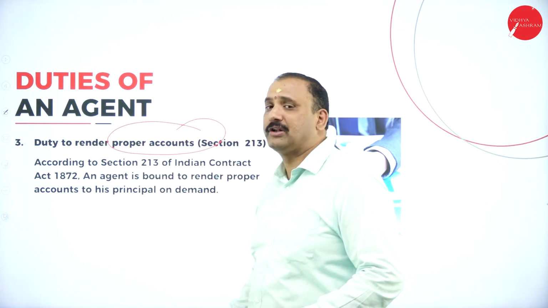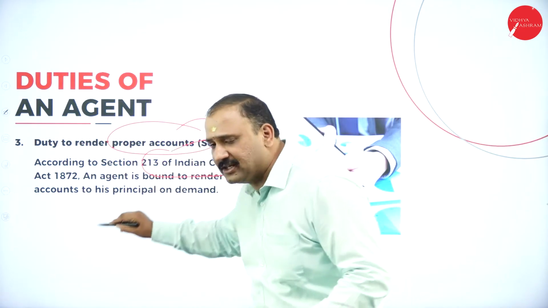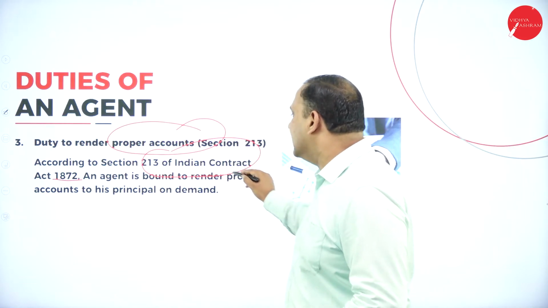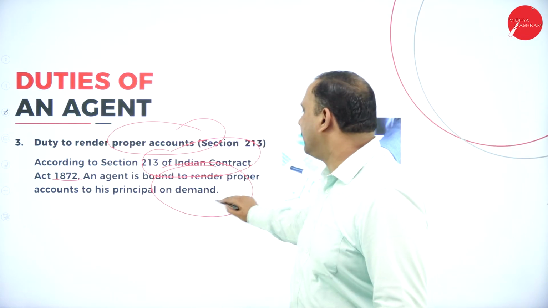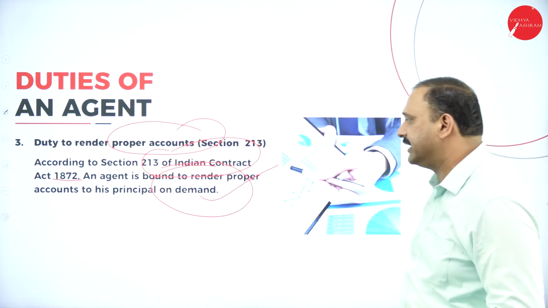Followed by the duty to render proper accounts. It's very, very important. According to section 213 of the Indian Contract Act 1872, an agent is bound to render proper accounts to his principal on demand. This is very clear and important.